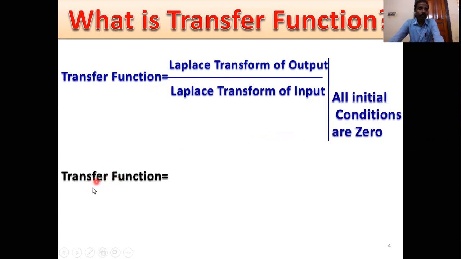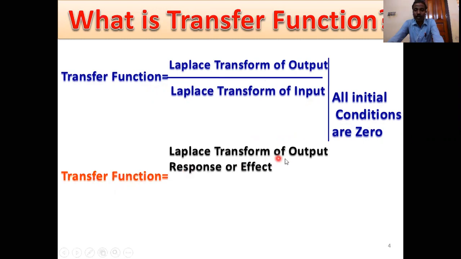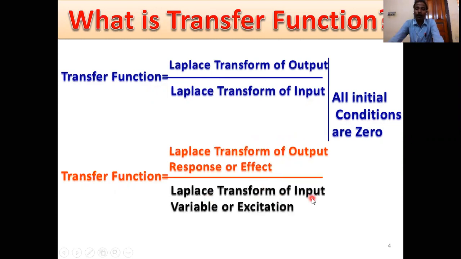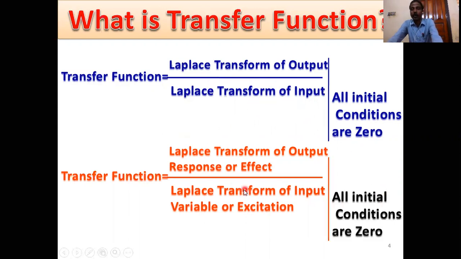So the Laplace transform of the output response or effect divided by the Laplace transform of the input variable, excitation or cause, with all initial conditions zero, is called the transfer function. This is the definition. And what are the advantages and disadvantages of the transfer function? This is our main focus.